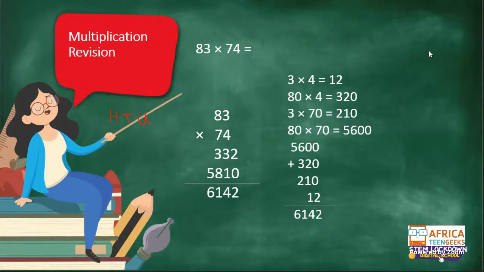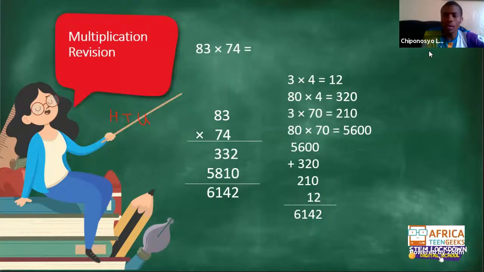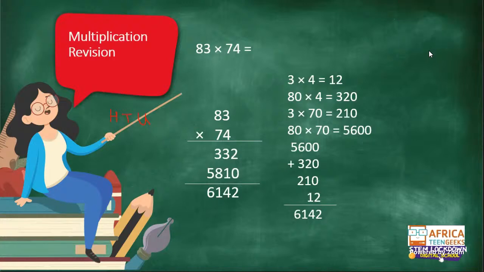Anyone else with another description of what place value is?